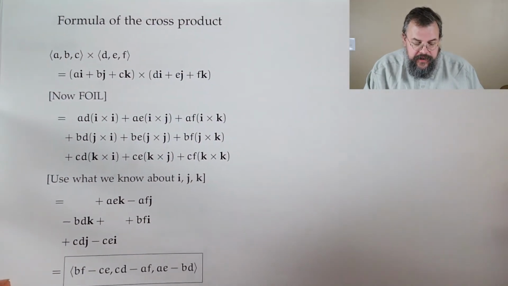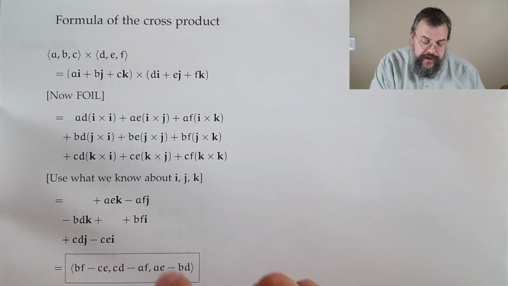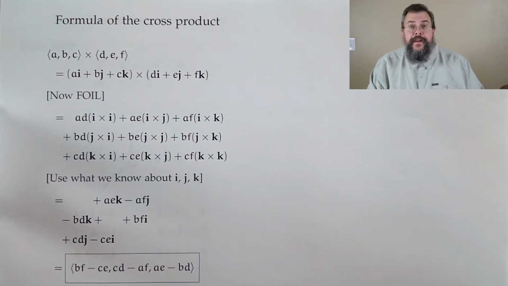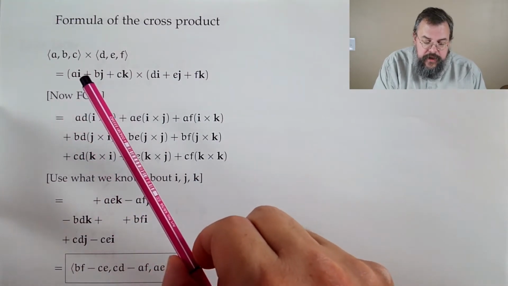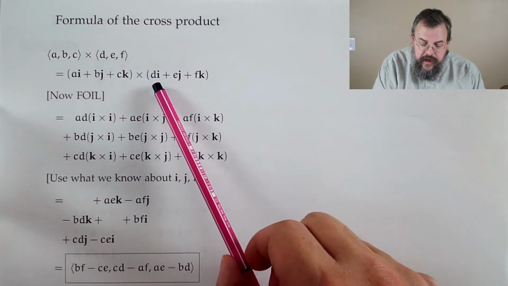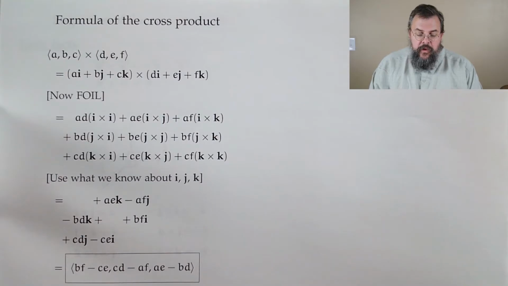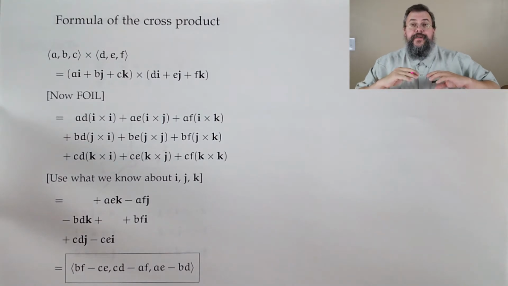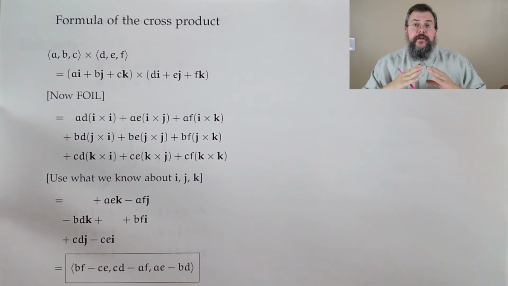We're going to take our vector (a, b, c) and we're going to cross it with our vector (d, e, f). Now, (a, b, c) is really a i plus b j plus c k. Here we have d i plus e j plus f k. Well, you start to expand. Remember, we said that the cross product is going to respect the distributive property.